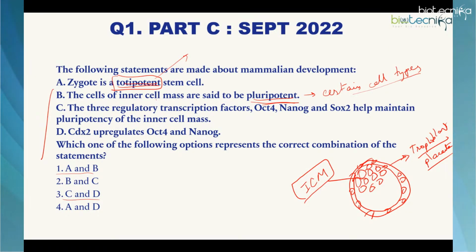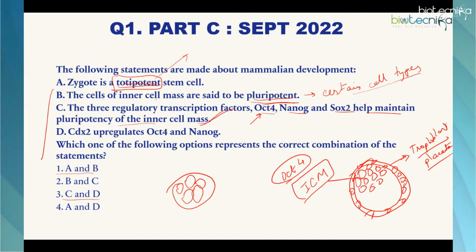Then we have three regulatory transcription factors, which are OCT4, NANOG and SOX2. They are present in the inner cell mass and they help maintain its pluripotency. OCT4 is initially present in all the cells of the zygote, but later it gets restricted to the inner cell mass. The trophoblast doesn't have any OCT4.